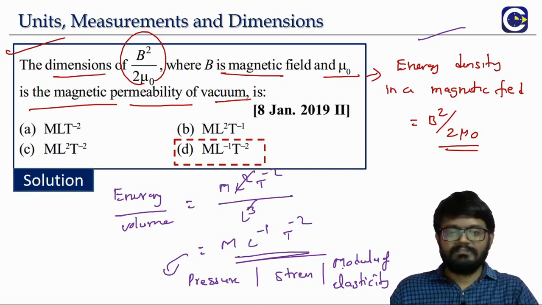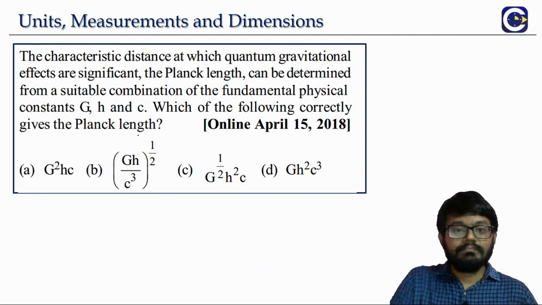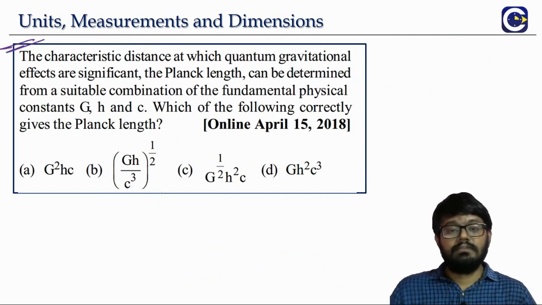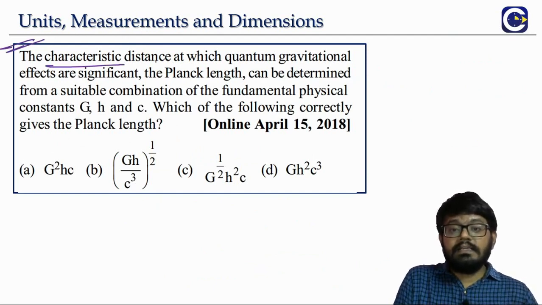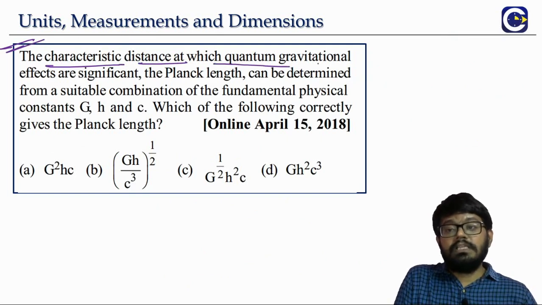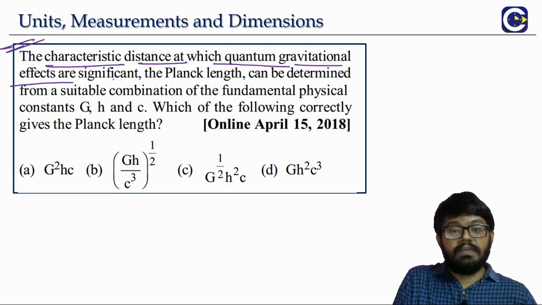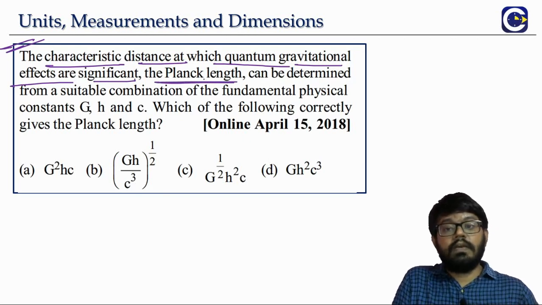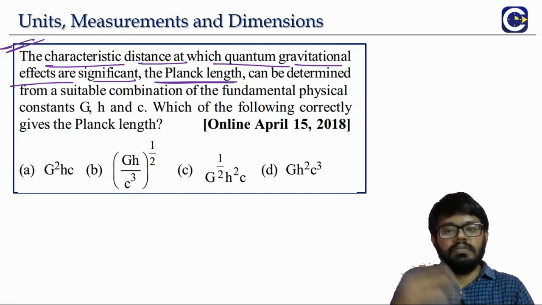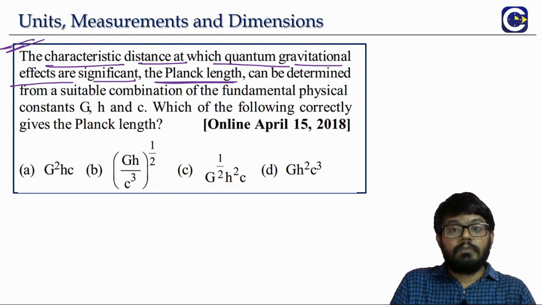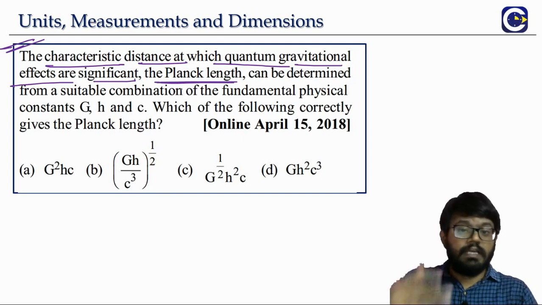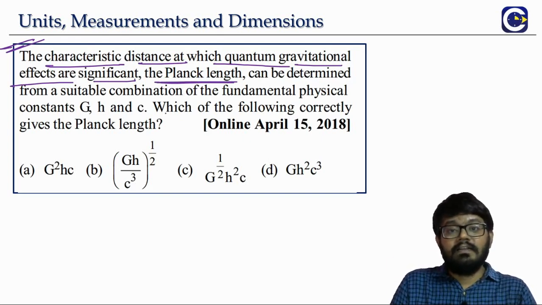Okay. Another dimensions question. The characteristic distance at which quantum gravitational effects are significant, that's what we'll be referring to as the Planck's length. These are all things that will probably come if you take up higher level physics.